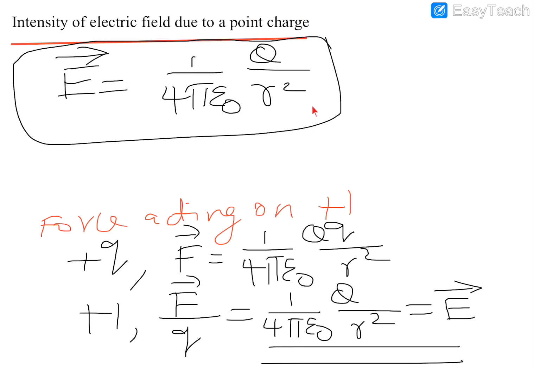The test charge won't come in the equation, but for finding this you need a test charge; in the final equation the test charge won't be there. I hope it is clear. This is a very important equation. Now based on this and the concept of superposition, we need to solve a huge number of problems. Very important concept, so please practice it.